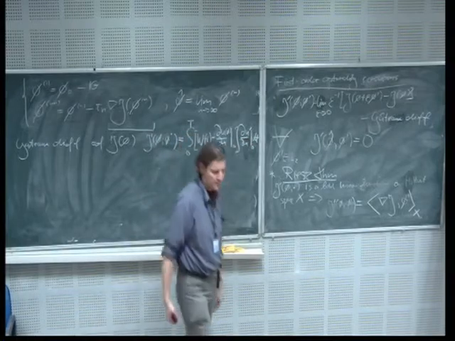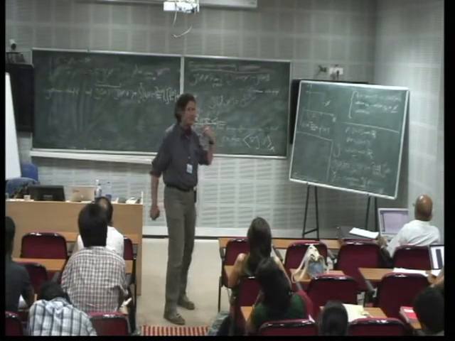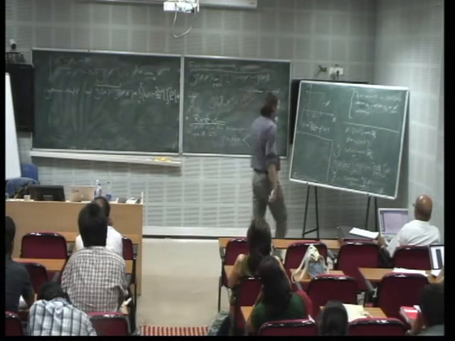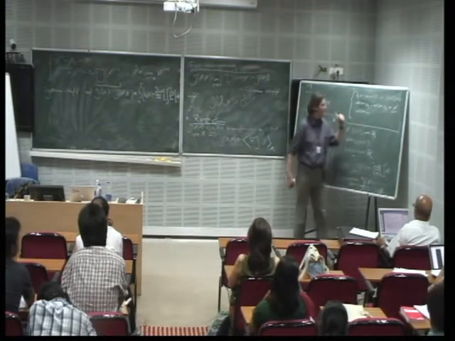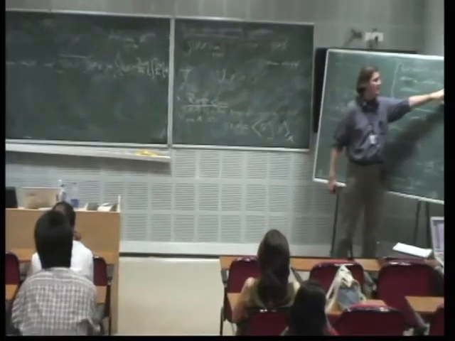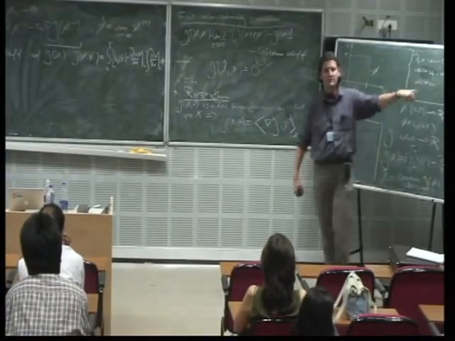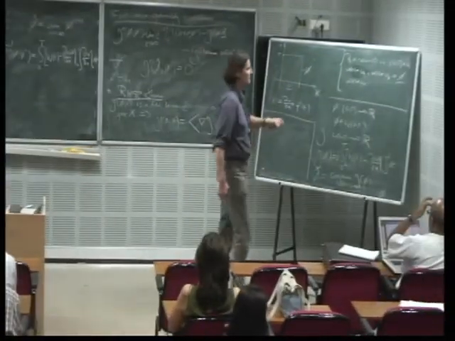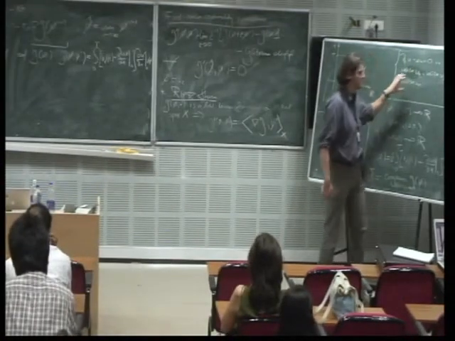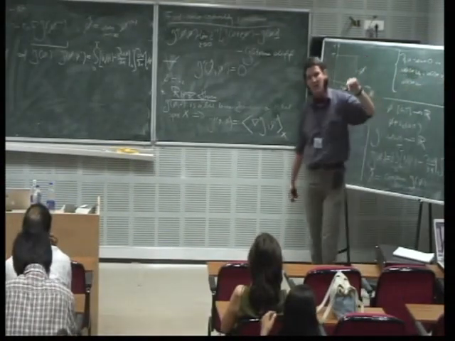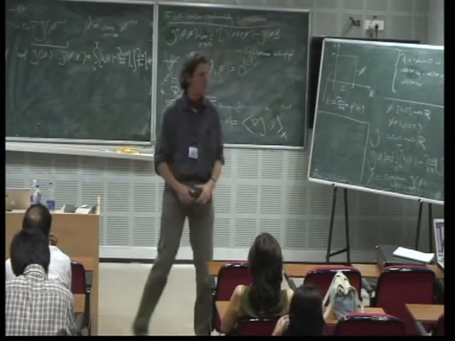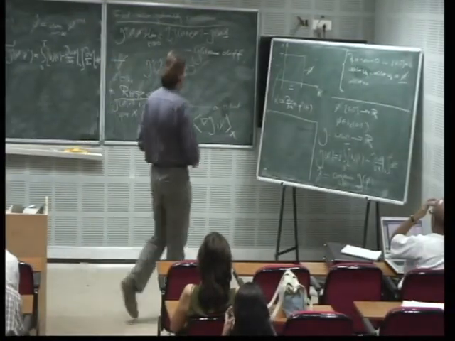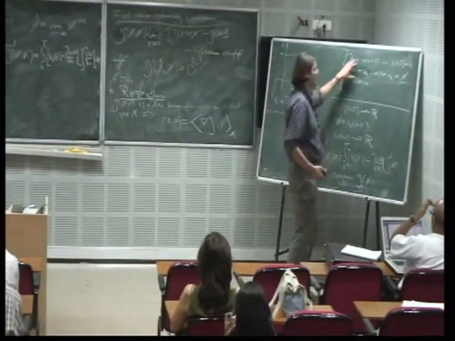What is u prime? U prime is the solution of the linearized governing equation, of this governing equation, linearized around our phi. Okay, this is linearization of the system around the point where we compute the Gateau differential. Okay, how do we compute the equation governing u prime?